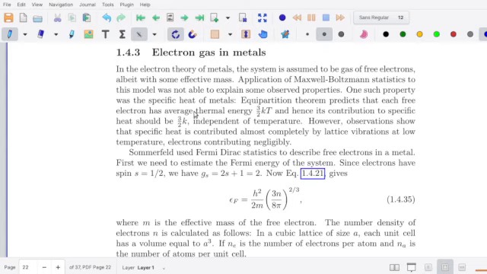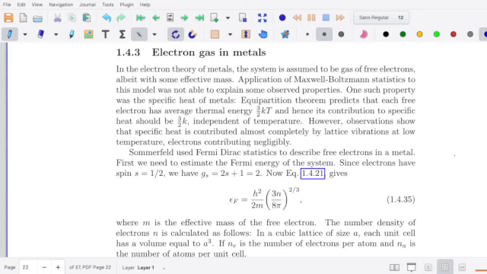For metals, it has been observed that the specific heat is actually given by a term that is proportional to temperature T, and another term that is proportional to the cube of the temperature. To account for this, one has to use quantum statistics.